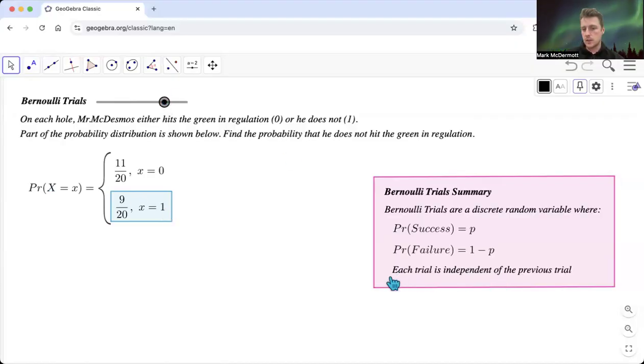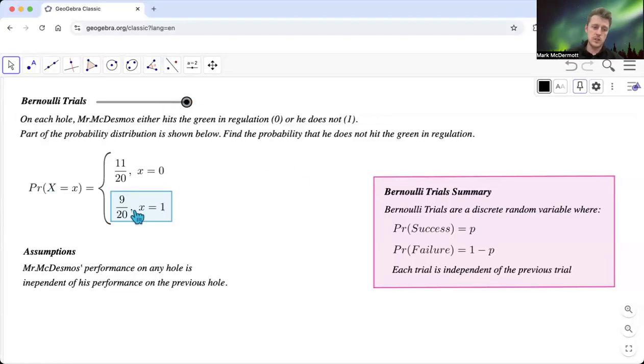So let's talk about this last part as well. Each trial is independent of the previous trial. In the golf analogy, we would say that Mr. McDesmos's performance on any hole is independent of his performance on the previous hole. I encourage you to think about whether that would be true in the real world. Some might say that if you're playing particularly well, then the events wouldn't be independent.